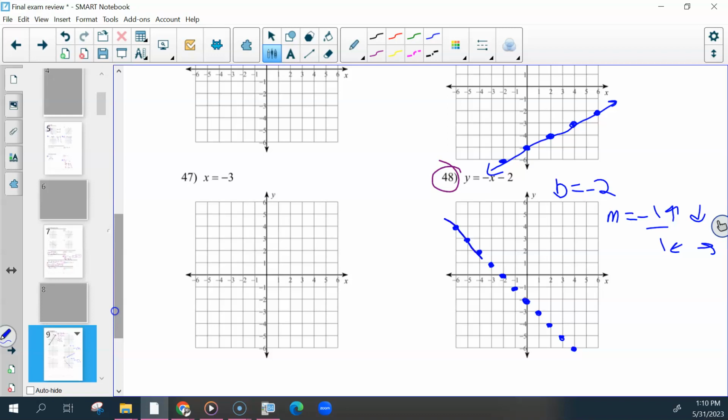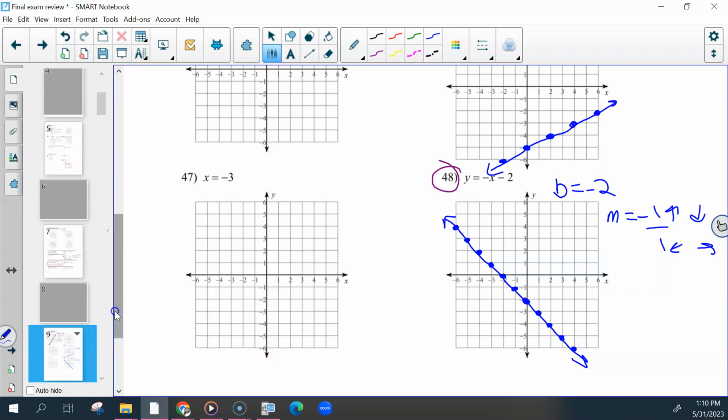And then draw a line that connects all of the points. And draw an arrow at the end. Question on that one? Go on to the next page.